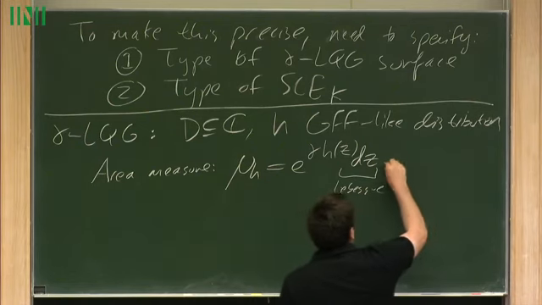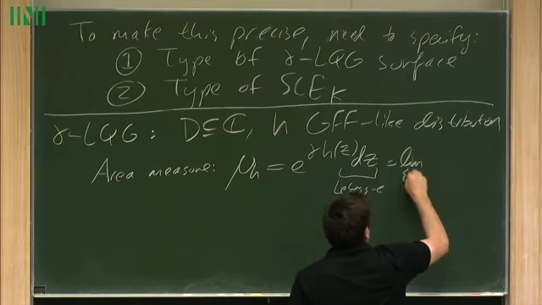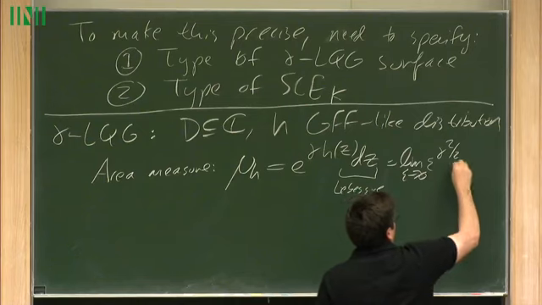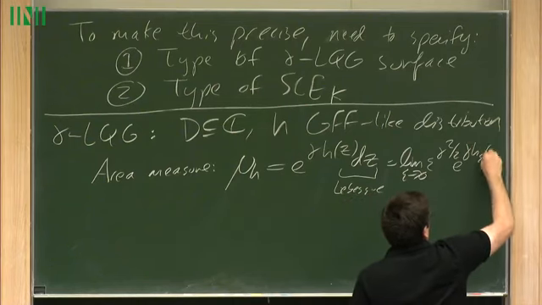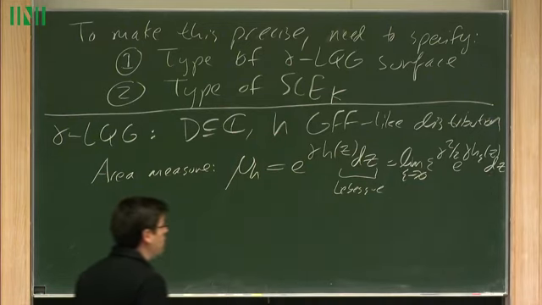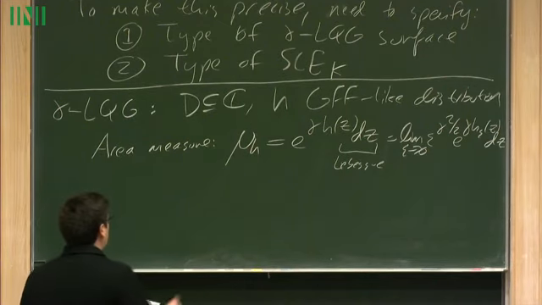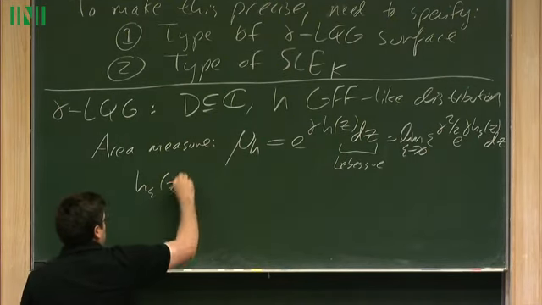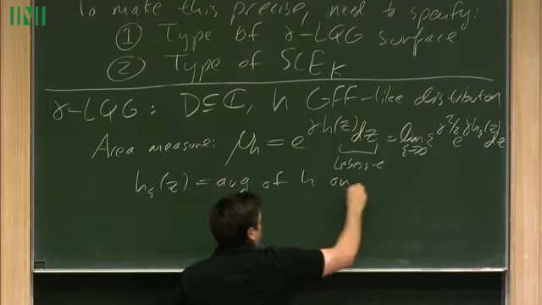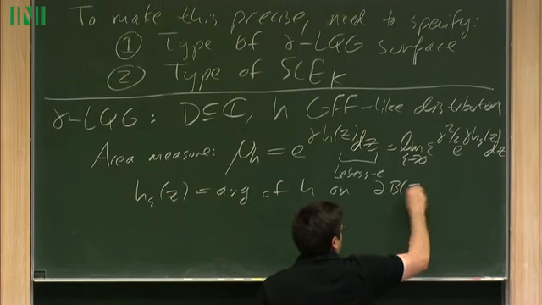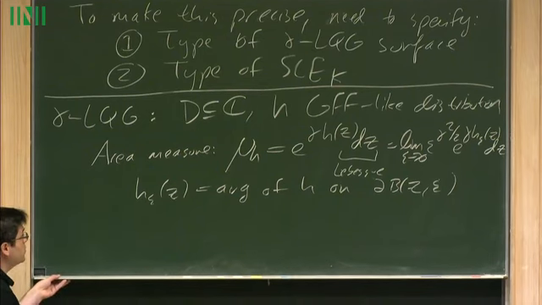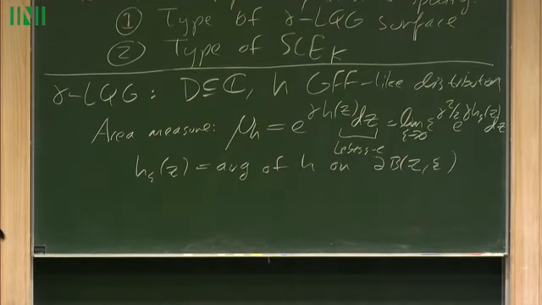To make this precise, one way of doing it is that you can take the limit as epsilon goes to 0 of epsilon to the gamma squared over 2 times e to the gamma h epsilon of z dz, where h epsilon is the average of your field on the boundary of the ball centered at z of radius epsilon. Okay? And so you have this area measure, so you can compute areas of regions.